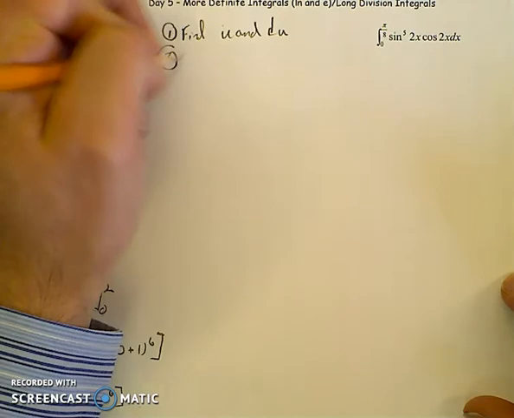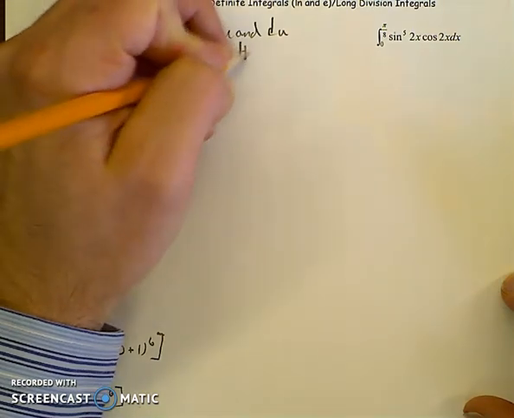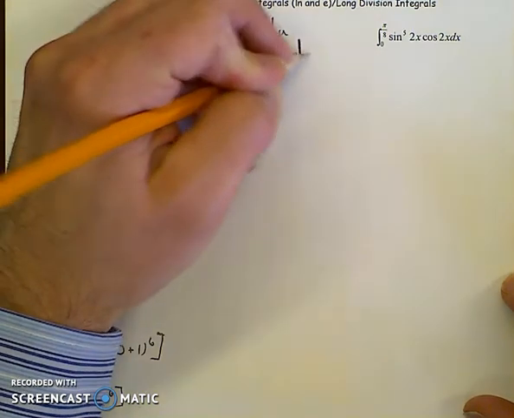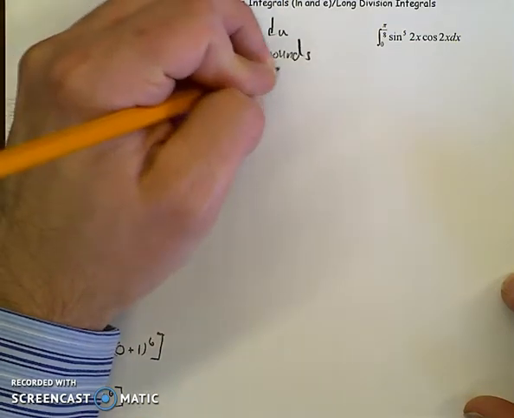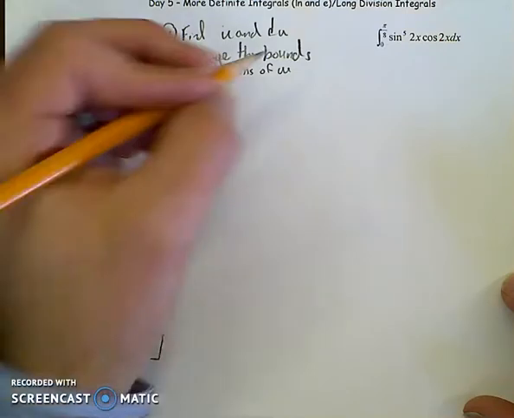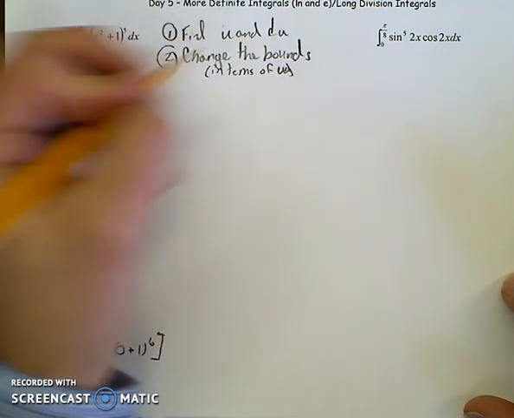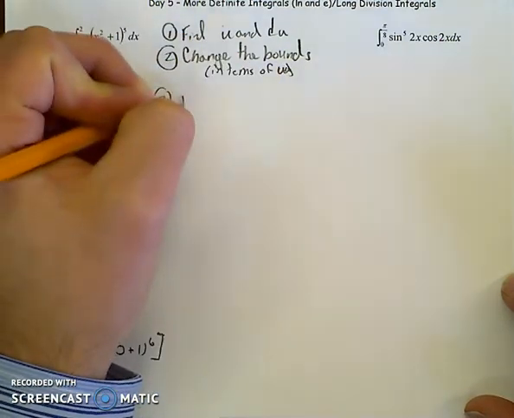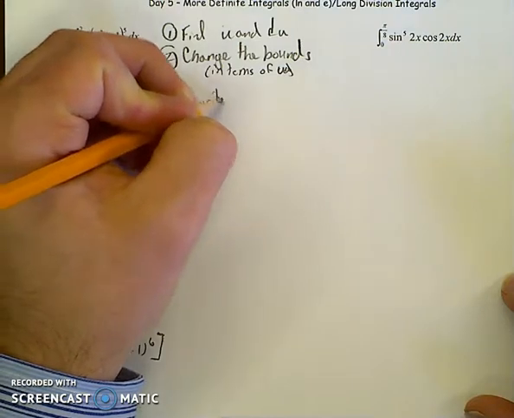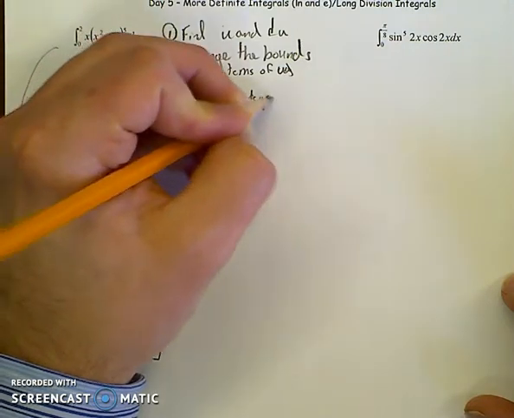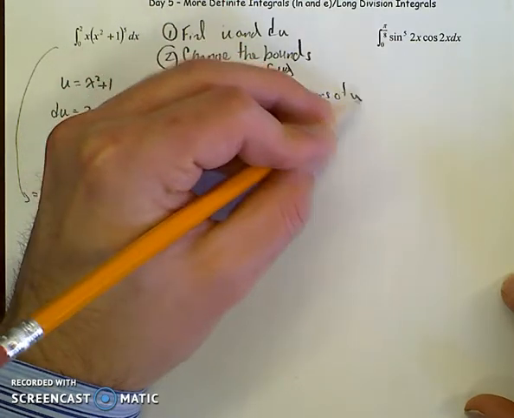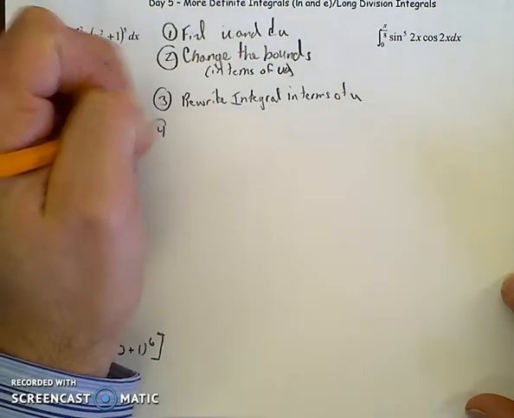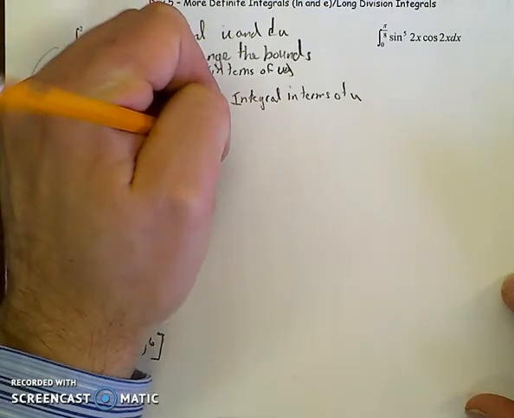Two, we're going to change the bounds. So we want to be in terms of u. Three, rewrite the integral in terms of u, and four, compute the definite integral.